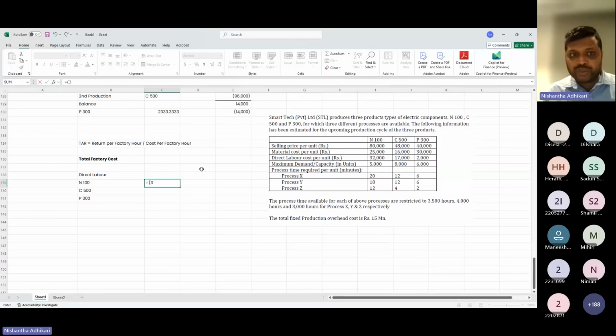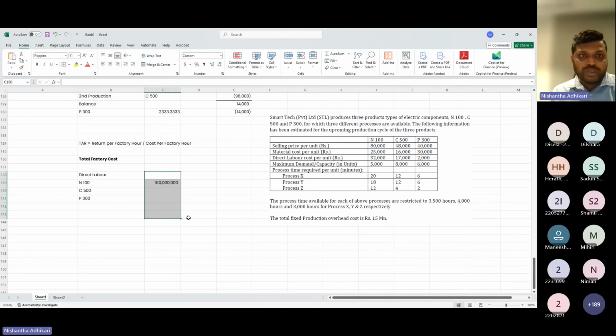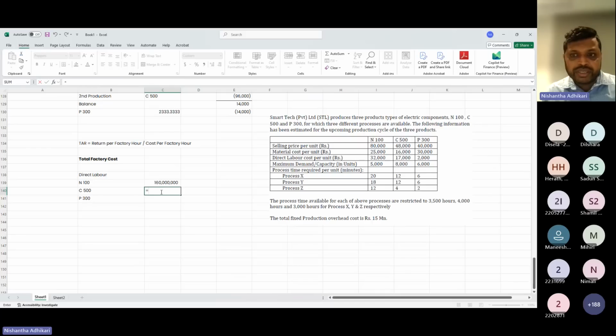Direct labor cost 32,000 into budgeted capacity 5,000. Then C500, 17,000 into 8,000 capacity, 136 million.